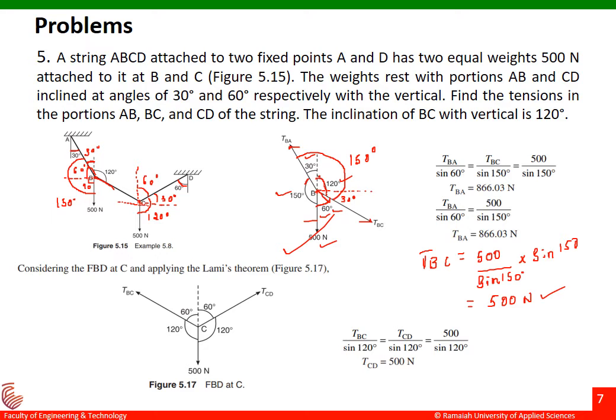Let us find out the angle made by TBC and then TCD. Okay, so we have to get the answer for this here. Now what I'll do, I'll draw a perpendicular from this to the axis here. So this is my 90 degrees. Now this total angle is 120 degrees here. So if I minus this 90 here, this will be 30 degrees.